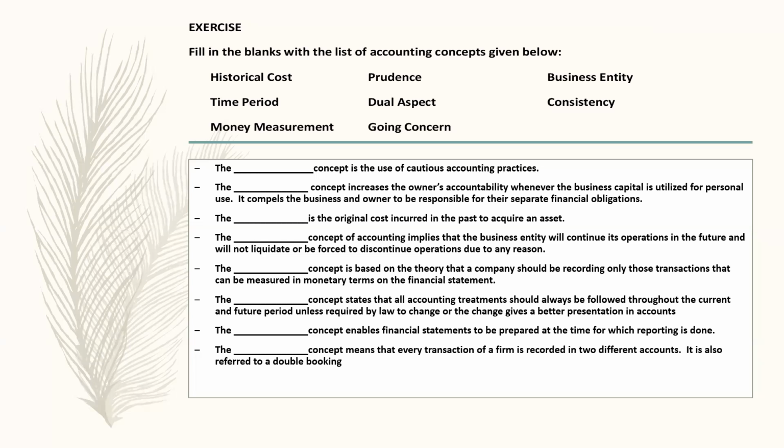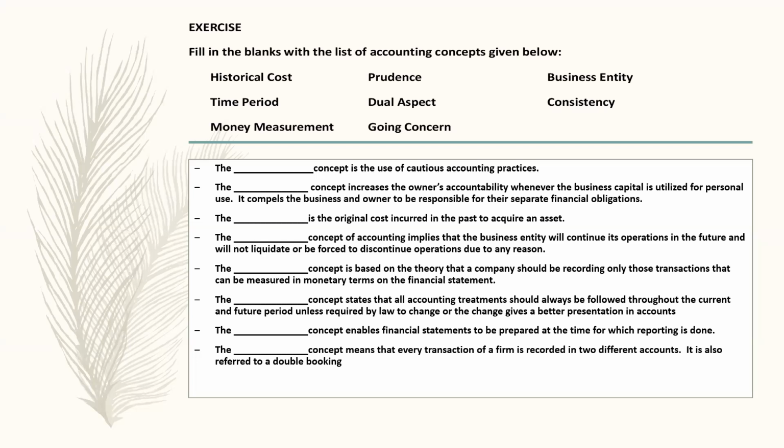All right. So the first one is the prudence concept. When you think about being cautious about your profits that are overstated and your expenses that are not stated, you need to be very cautious about transactions like that. So the first one is the prudence concept.